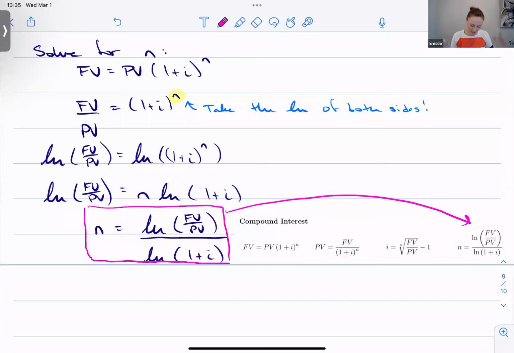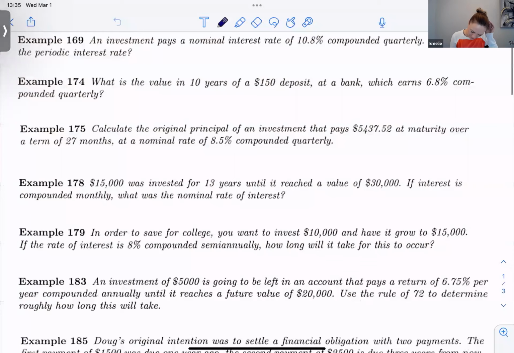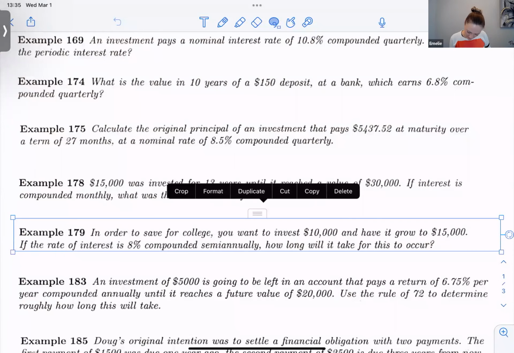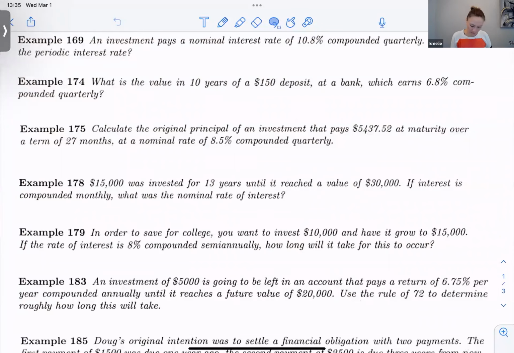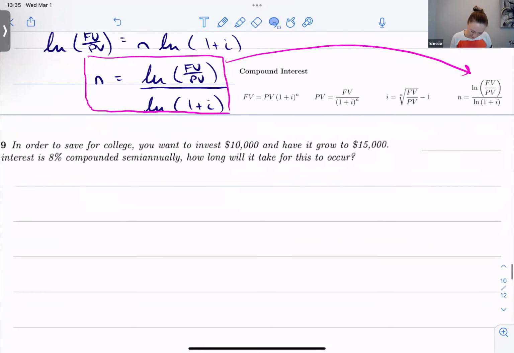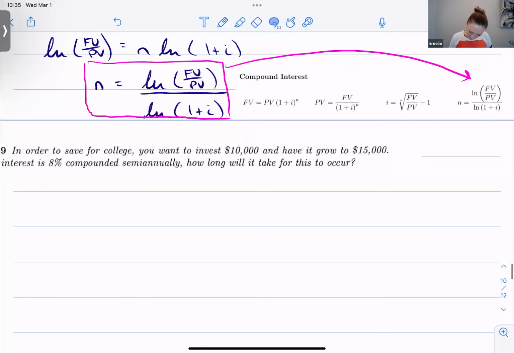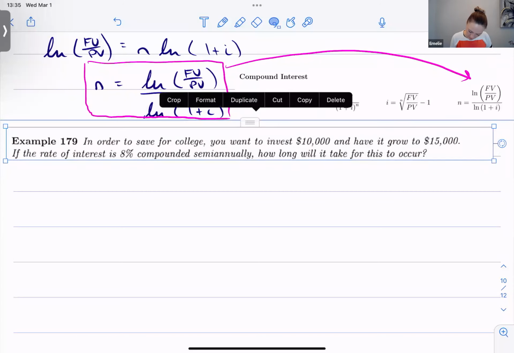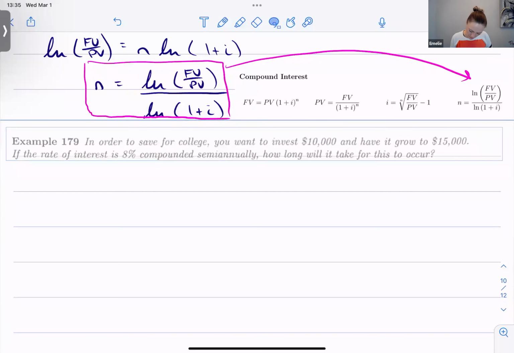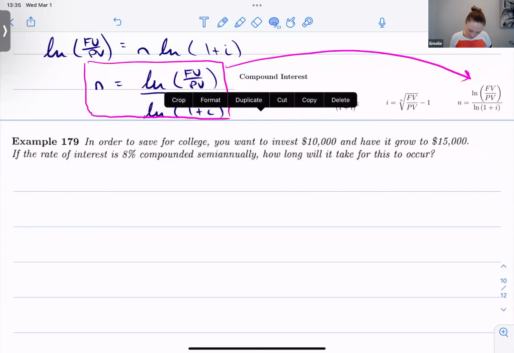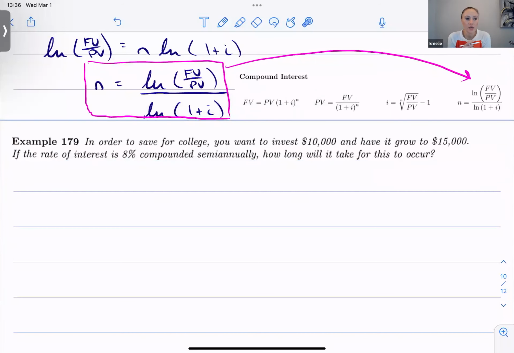All right, now we can do an example. In order to save for college, you want to invest $10,000 and have it grow to $15,000.